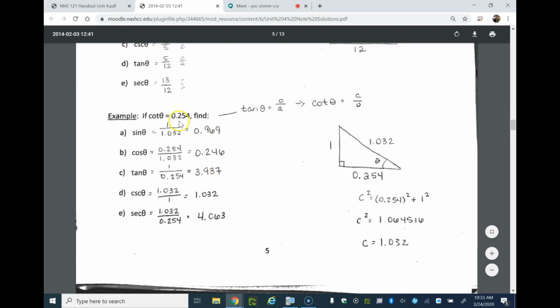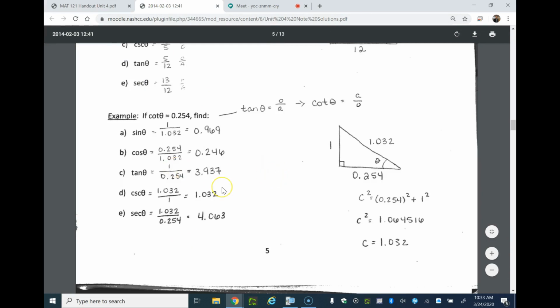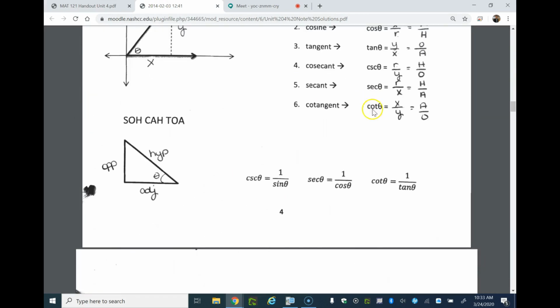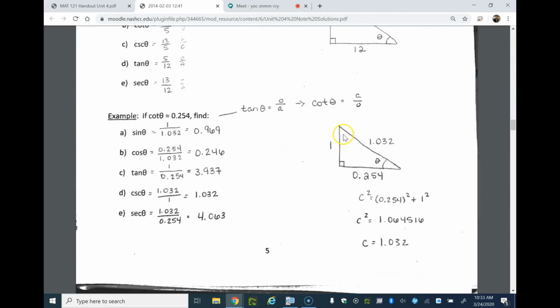Same thing here. In the directions, all I gave you is the cotangent of 0.2554. Well, how do you make this into a fraction? We can put it over 1. If we put it over 1, and we're talking about cotangent, the 1 represents the y going up and down, and the decimal number, 0.2554, represents the x.